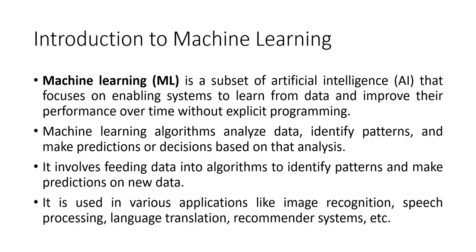Machine learning is a subset of AI, as we know, and it focuses on enabling computers to learn automatically from data instead of being programmed with specific rules. The system improves its accuracy and performance over time through experience. This is called learning from data.